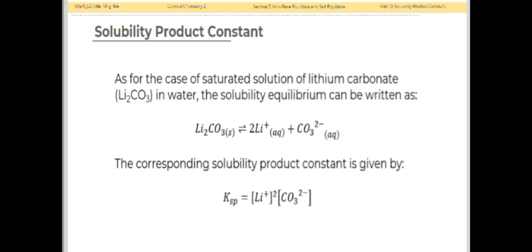Note that the concentration of lithium ion is squared in the Ksp expression, since 2 moles of this ion is produced for every mole of the compound.